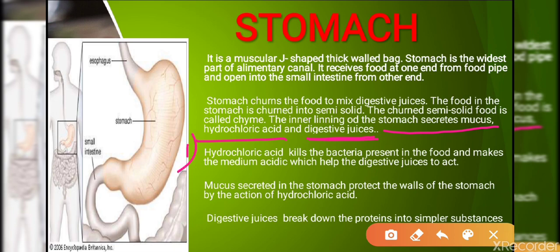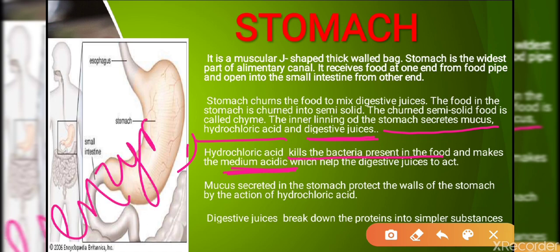Hydrochloric acid kills the bacteria present in the food and makes the medium acidic. Students, there are certain enzymes which only work in the presence of an acidic medium. And this acidic medium is made by the presence of the hydrochloric acid.